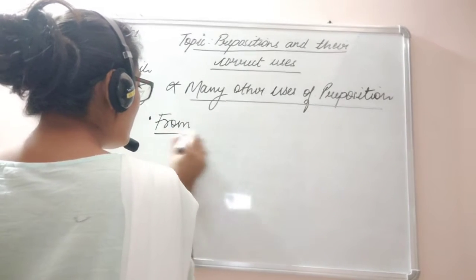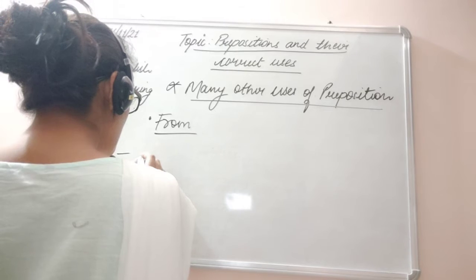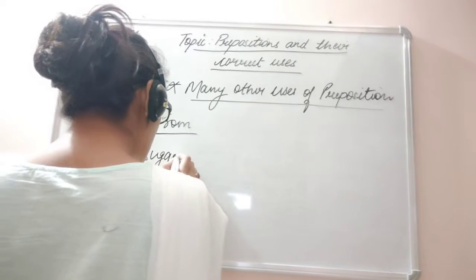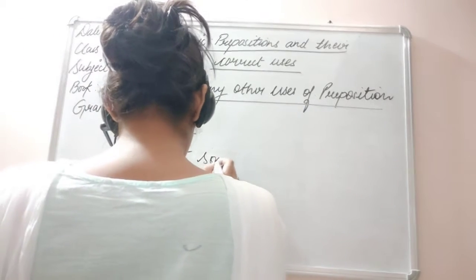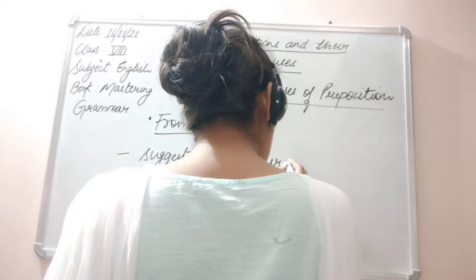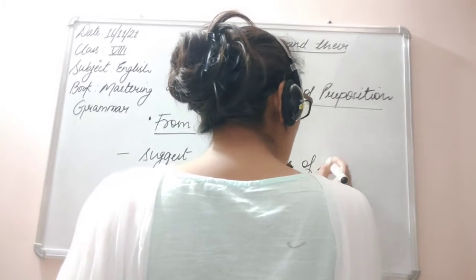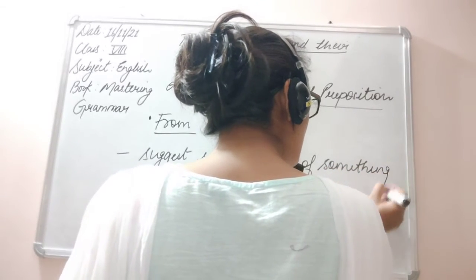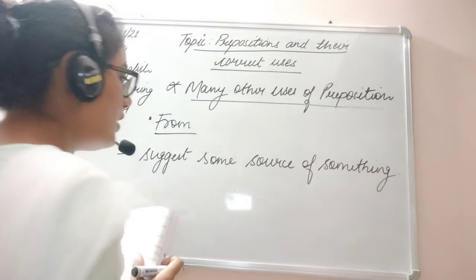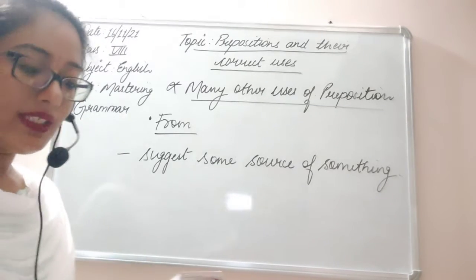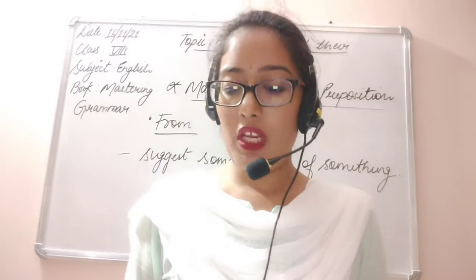From is used to suggest some source of something. For example, paper is made from trees.